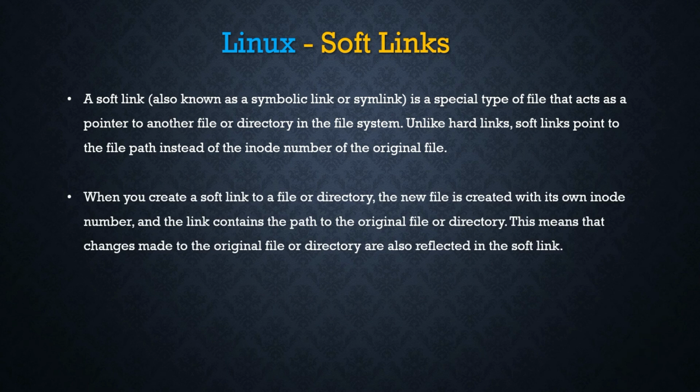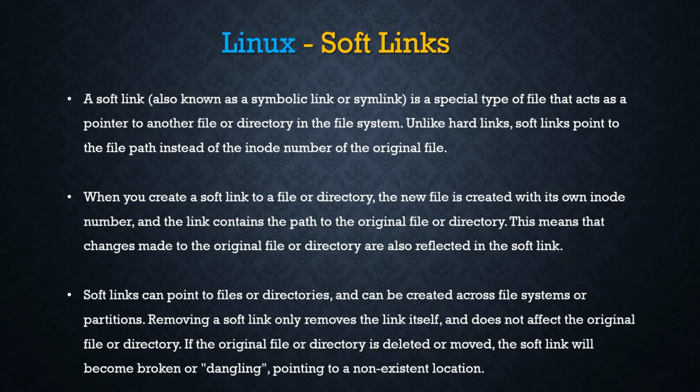When you create a soft link to a file or directory, the new file is created with its own inode number, and the link contains the path to the original file or directory. This means that changes made to the original file or directory are also reflected in the soft link.